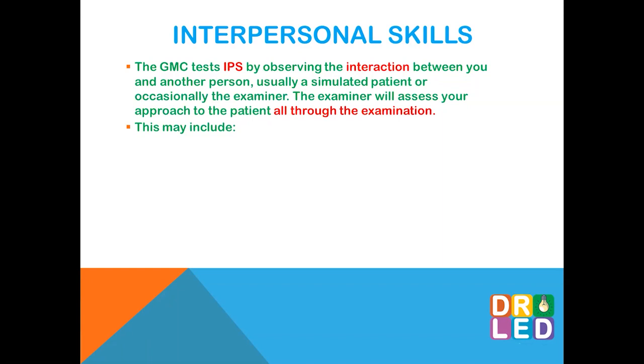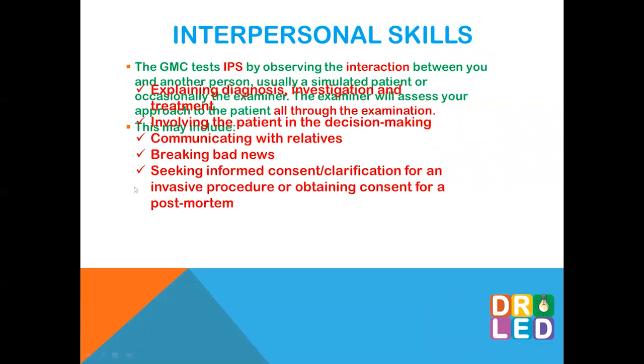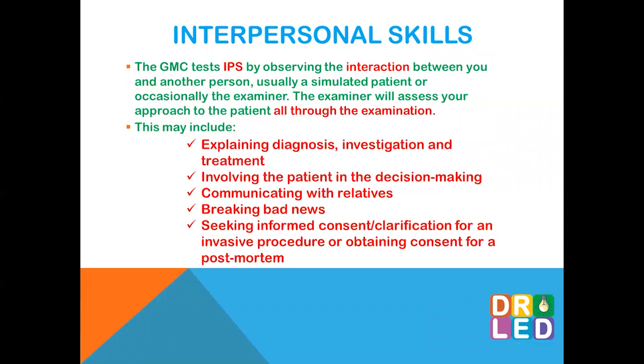So this may include explaining the diagnosis. How do you explain the diagnosis to the patient? Investigations and treatment: how you ask or tell the patient that you need to run some tests, some investigations, and that you need to treat him or her, and how you are going to tell them so.